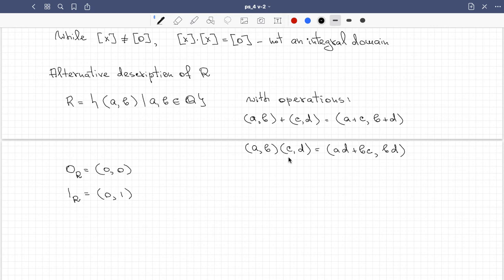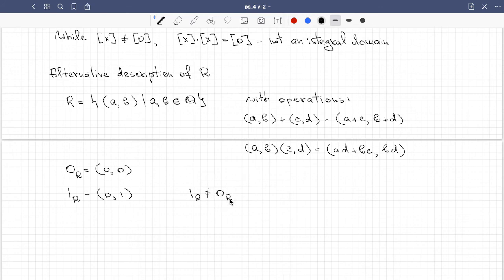Again, check that multiplying using this rule by this element will not change the element you multiply by. Note that identity is different from 0 in this ring.